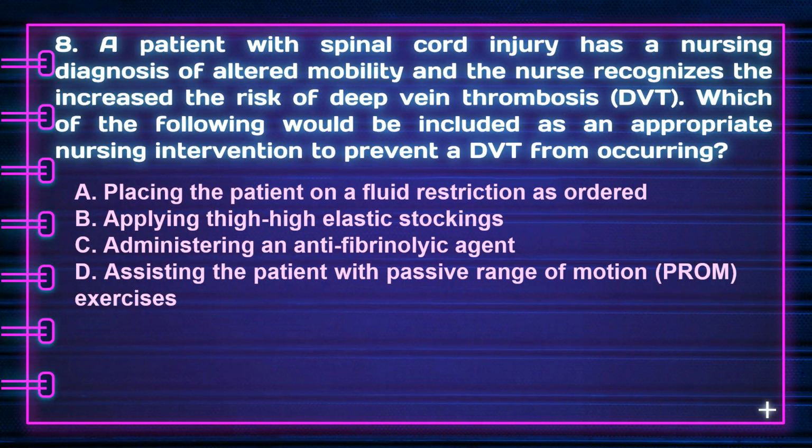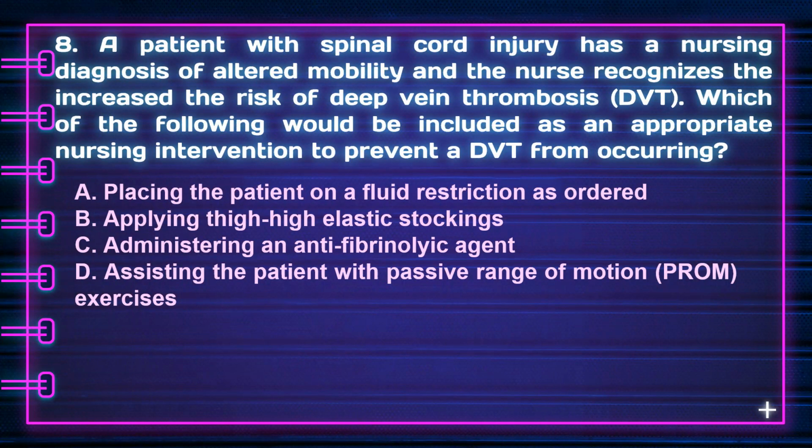Of course, when we talk about DVT, it's important to promote venous return to the heart, and that is actually one way of preventing venous stasis in the patient with altered mobility. And the best way for us to do here is applying elastic bandage or elastic stockings, which will aid in the prevention of DVT. And of course, the patient should not be on a fluid restriction because a dehydrated patient will actually increase risk of DVT or clotting throughout the body.